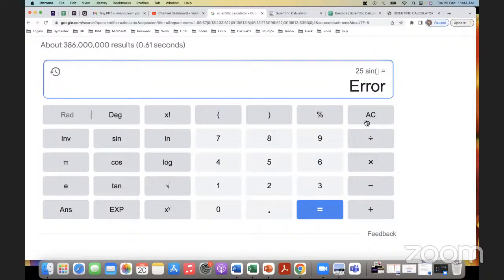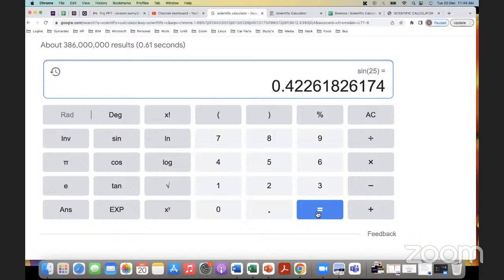So let's clear that. From my experience, most calculators that give you a display, where the sine appears on your screen, require it to come first. So now I'm going to find the sine of 25.